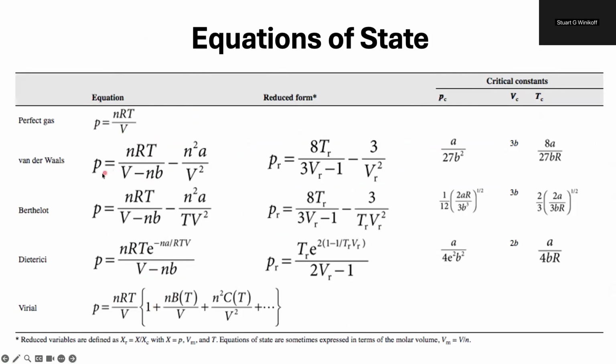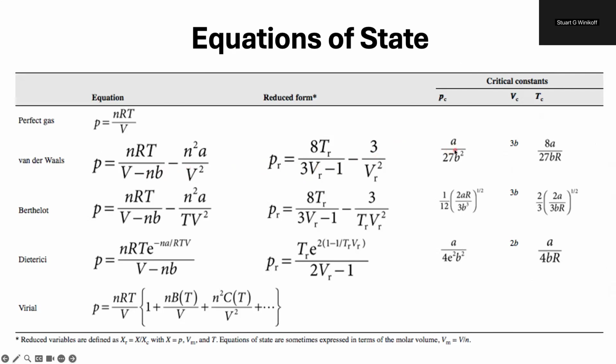But if we take the van der Waals form, which again is our first form that actually correctly mimics a real gas, we can replace the pressure and volume with the reduced pressure and reduced volume to get a very similar equation with a factor of 3 that essentially pops up. And you'll notice that this also eliminates the A and B parameters. That's actually because the A and B parameters are embedded in the critical point.